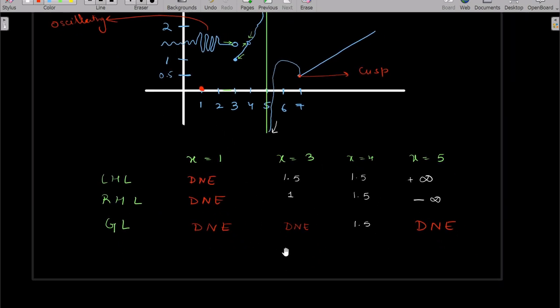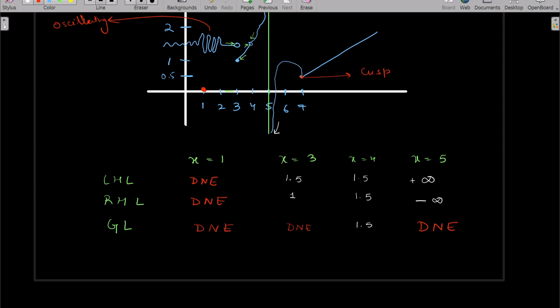What do you think about the limit at this point, Anika? Well, won't it be 0.5 from both sides? Yes, 0.5 from both sides, and that's why the general limit will also be 0.5.